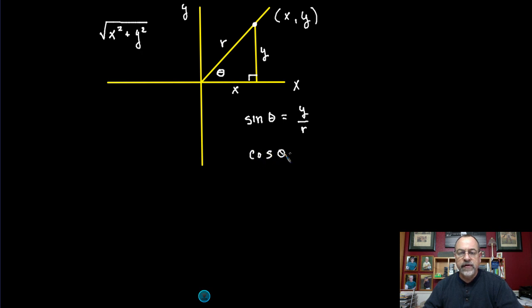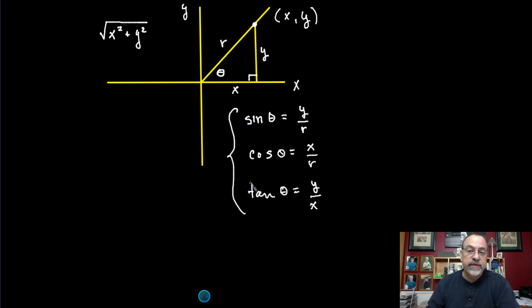The cosine of that angle is going to be the adjacent side, x, over r, and the tangent of this angle is going to be the opposite side, y, over x. So you can see that all 3 of our trigonometric functions, as well as their reciprocal functions, so all 6 actually, are related to this coordinate.